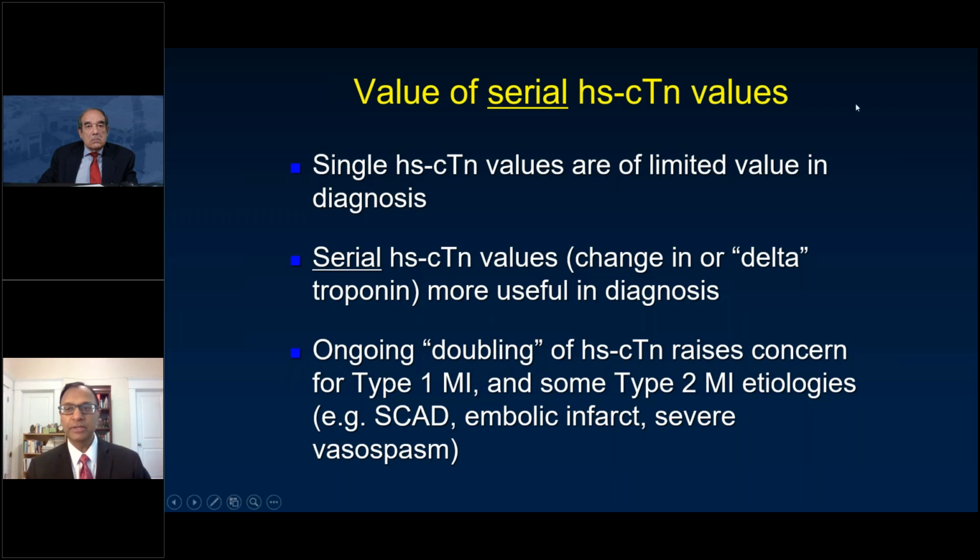So single values are helpful, but they're of limited value in diagnosis. The serial values to document acute rise and the degree of rise is really critical. As a clinical rule of thumb, we often say that an ongoing doubling of the high sensitivity troponin raises the concern for type 1 MI and some type 2 MI etiologies like SCAD, embolic infarct, severe vasospasm, etc.